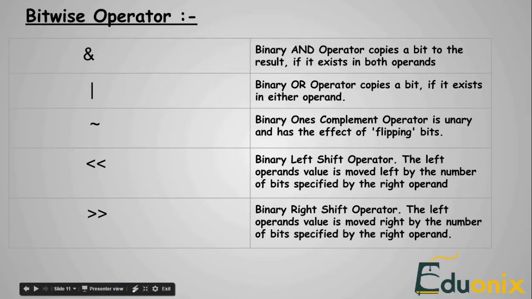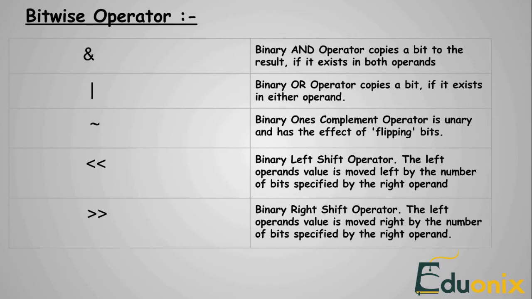Let us now come to bitwise operators and understand what they are. The binary AND, or bitwise AND, operator copies a bit to the result if it exists in both the operands. So it basically operates like an AND gate. Second, the binary OR operator copies a bit if it exists in either of the operands. Then there is the binary complement.